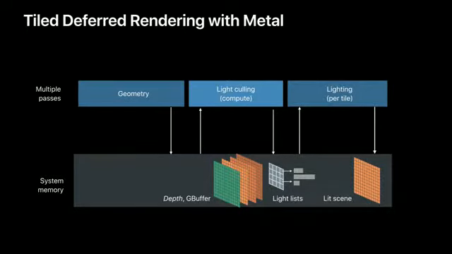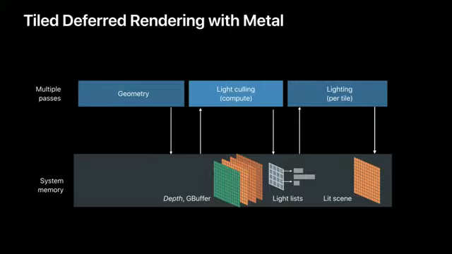So again, this solution works fine on all platforms, and it simply requires us to create this additional compute pass and to move our lighting logic from a single light per shader to an iterative loop in our lighting shader. Just like with the previous renderer, we can now take advantage of the hardware tiling on iOS to further optimize this. So let's take a look at how this fits in our single encoder iOS implementation.